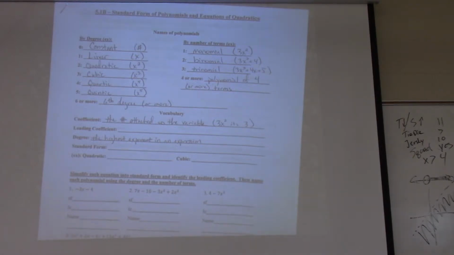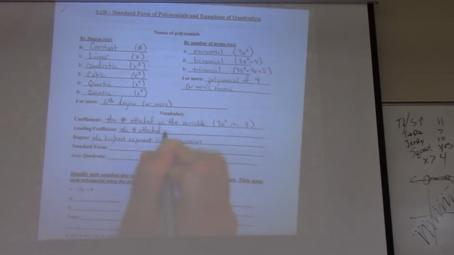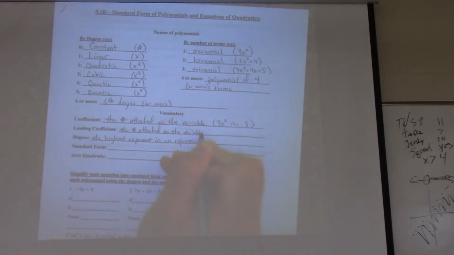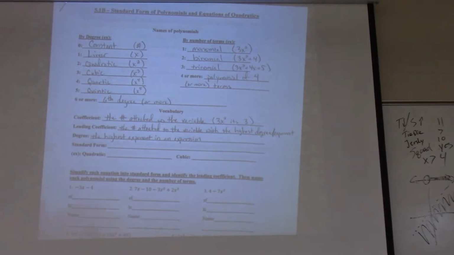Okay. The leading coefficient then is, well, it's still a number attached, but the leading coefficient is the number attached to the variable with the highest degree, or if you prefer, exponent. Give me a second, let me zoom that in just a little bit.